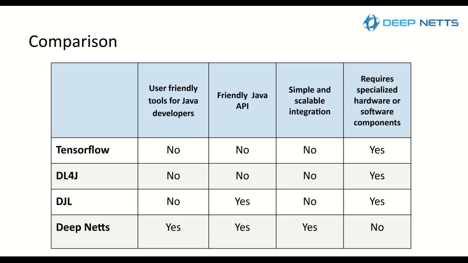Also, it is worth mentioning that DeepNets runs only on CPU, and despite that, it has very good performance. But it cannot do real-time video detection, but for a medium-sized problem with a reasonable number of images, it can provide very good results.